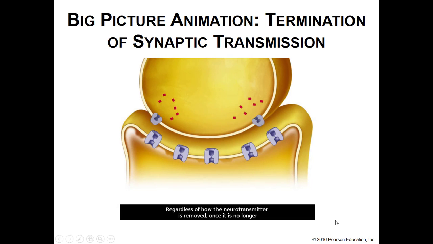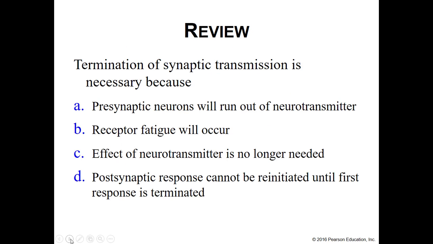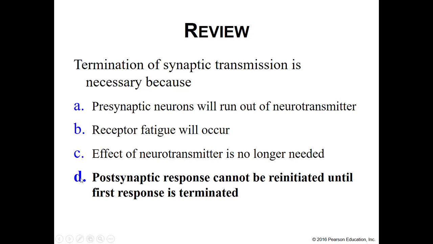Regardless of how the neurotransmitter is removed, once it is no longer in the synaptic cleft, synaptic transmission is terminated. So termination of synaptic transmission is necessary because your postsynaptic response cannot be reinitiated until the first response is terminated.